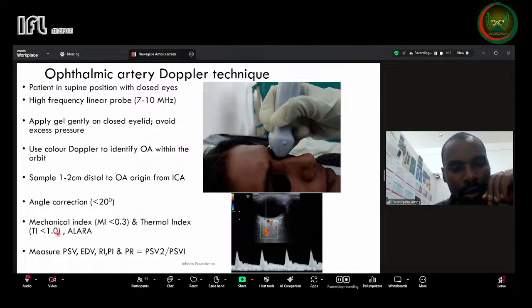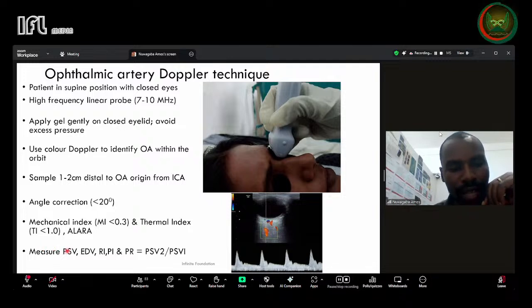But overall, we want to keep the mechanical index at less than 0.3 and thermal index at 1.0. So going forward, for people who will be very interested in performing the ultrasound of the ophthalmic artery, we need to be aware of this requirement so that we do not cause complications.